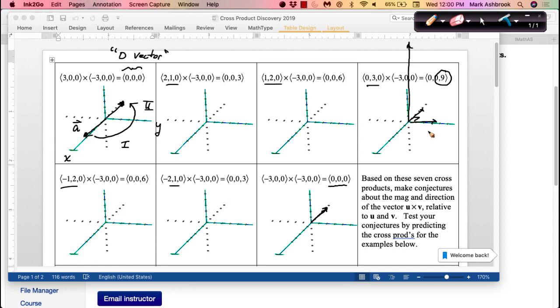But now with cross product, what happens? We got parallel vectors gives a cross product of 0, and then orthogonal gives max product of the magnitudes. So it's like the inverse situation in terms of the magnitude of the cross product, right? If you're just talking about the magnitude of the cross product, it's like the inverse situation of the dot product.